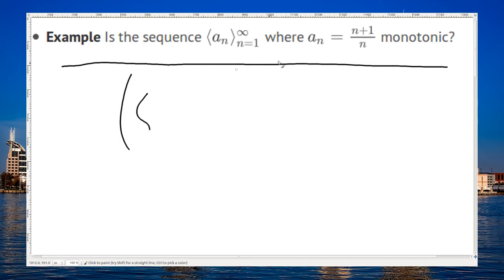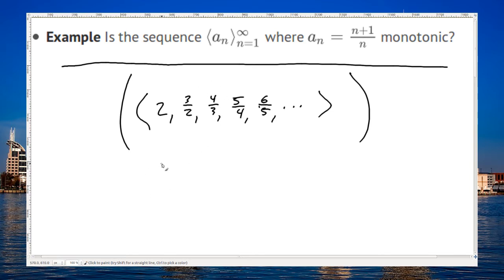So if we do the first few numbers, we get 2 over 1, 3 halves, 4 thirds, 5 fourths, 6 fifths. And if we look at the numbers, this is 2, 1.5, 1.3-ish, 1.25, 1.2. It looks like they're decreasing. In fact, it's never even staying the same. It's always decreasing. And so, yes, I think this is monotonic.